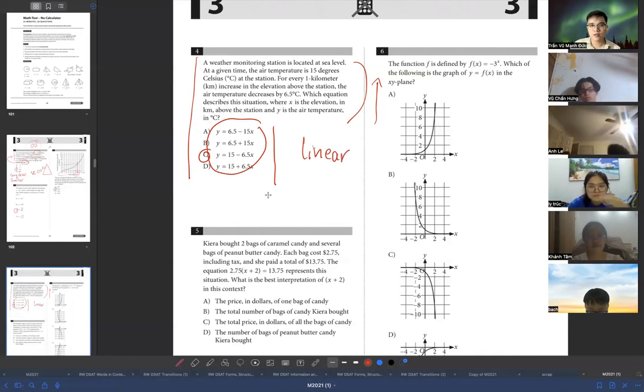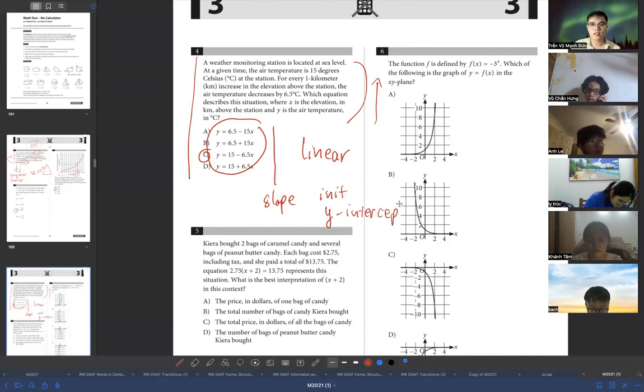Firstly, the slope. Secondly, the initial value or the y-intercept. x is the elevation and y is the air temperature. For every 1 kilometer increase in elevation, the air temperature decreases by 6.5. So you can see that the slope will be minus 6.5, right?